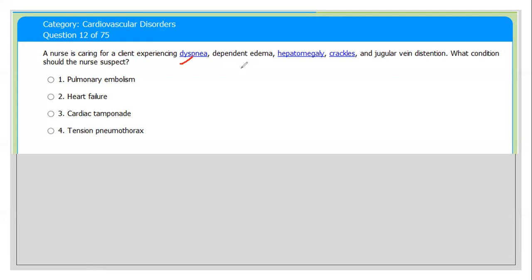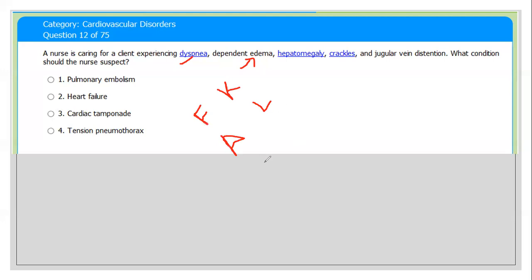The patient has dependent edema, right? If a patient has edema in the face, we call it facial edema, and it is more common if the kidney fails. If edema is in the abdomen, we call it ascites, and it is common in liver problems.